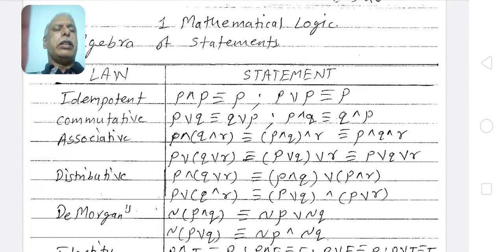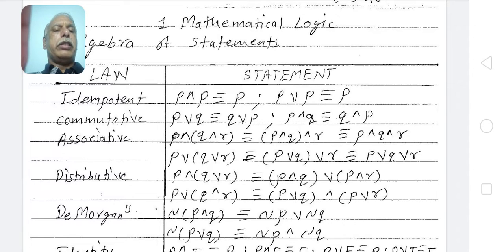Same as algebra, 3 plus 5 plus 5. Here we can consider 5 plus 5 in one bracket, answer is 13. Or we can consider 3 plus 5 as one bracket plus 5, again answer is 13. That means association means grouping. We can consider any two statements in one group. But one thing is important: between any two statements there is the same operator.